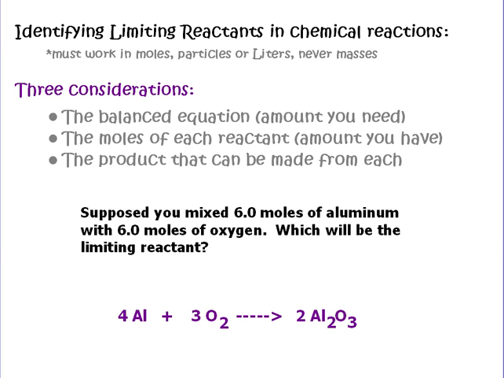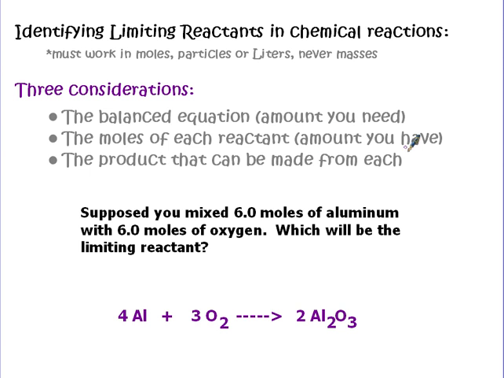First, the balanced equation. That's our recipe, isn't it? That's our recipe right down here. It says that in order to make this aluminum oxide over here, I'm going to need 4 aluminums and 3 oxygens. So this is telling us how much we need. Second thing we have to consider is how much we have of each thing.